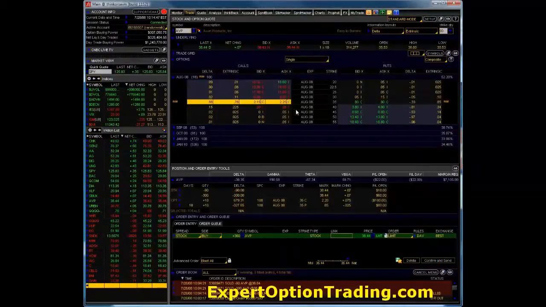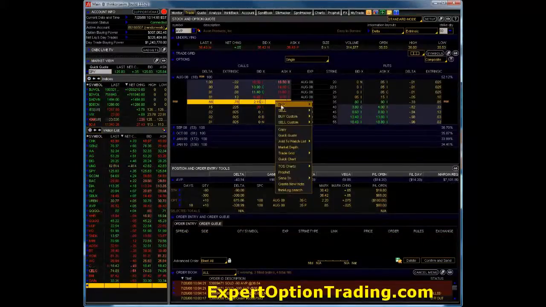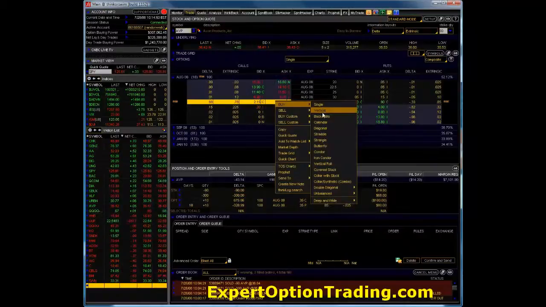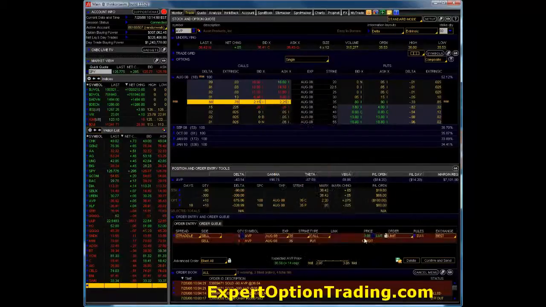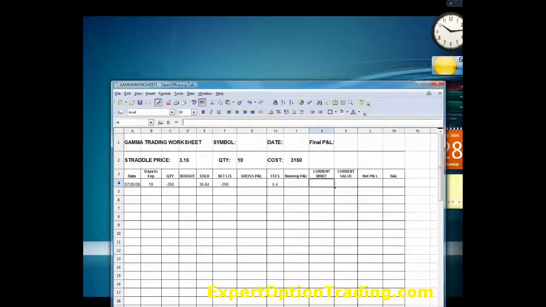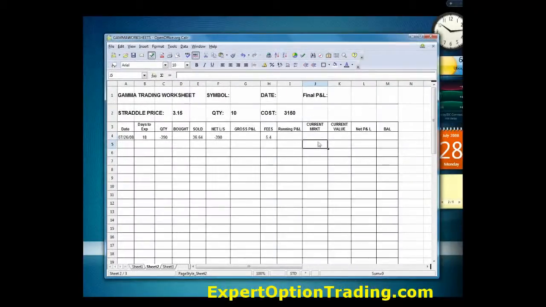So every once in a while, you can come over here and take a look at what the current straddle is selling for. If we wanted to sell the straddle, we'd get that price. It's at 305. Obviously the difference is the bid and ask spread, but we're not going to fill that in yet.